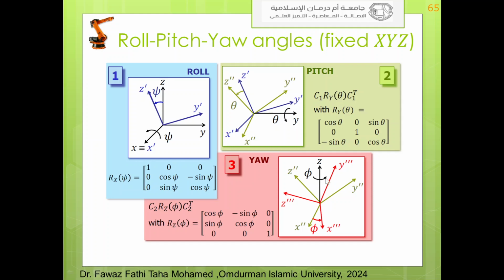Lastly we make a rotation around the z-axis of the fixed axes.